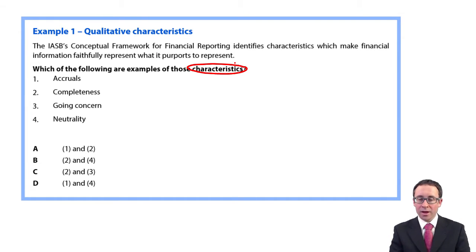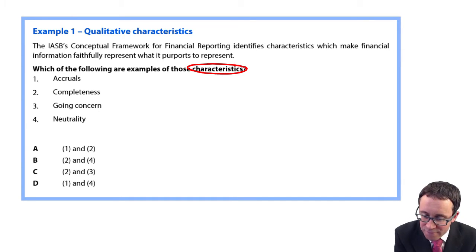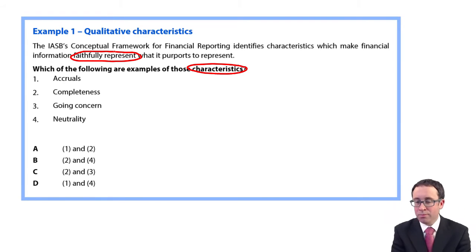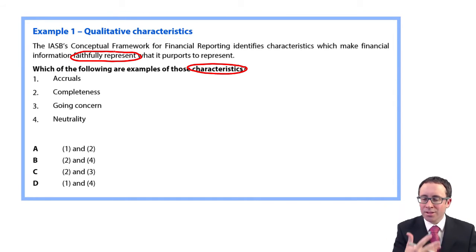And here, it says at the top, the IASB's conceptual framework for financial reporting identifies characteristics which make financial information faithfully represent what it purports to represent. So, what it purports, what it is aiming to represent.